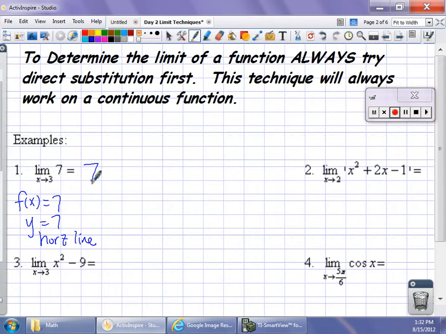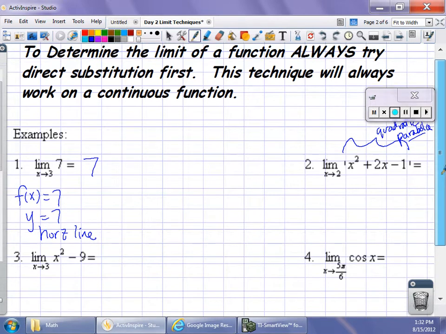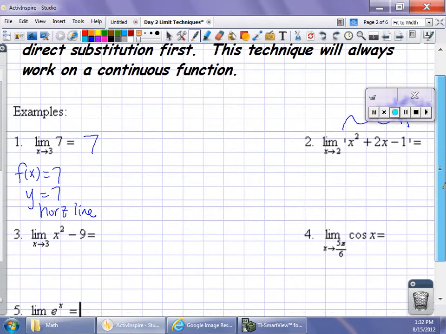That was pretty easy. In number 2, we have a quadratic function, which is a second degree equation, and if we were to graph it, we would get a parabola. We know from our prior experience that a quadratic function is a continuous function, so we don't have to worry about the left and right limits disagreeing with one another.